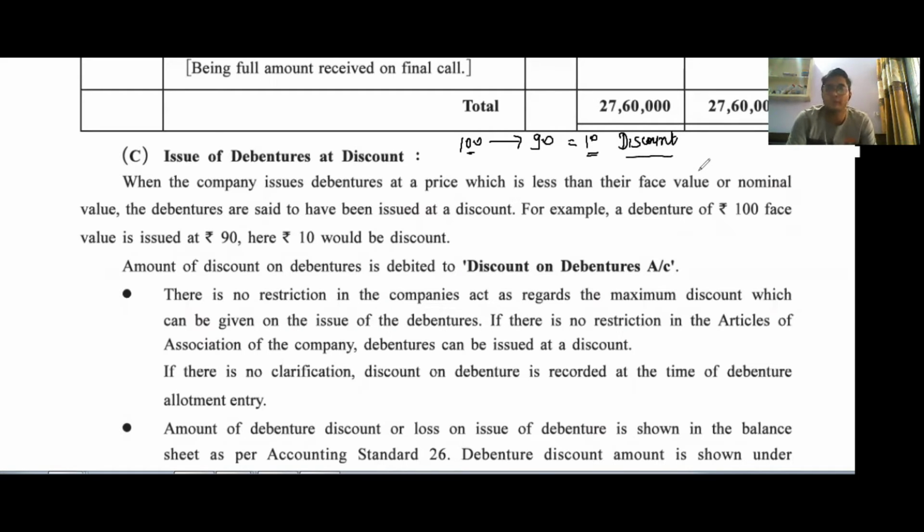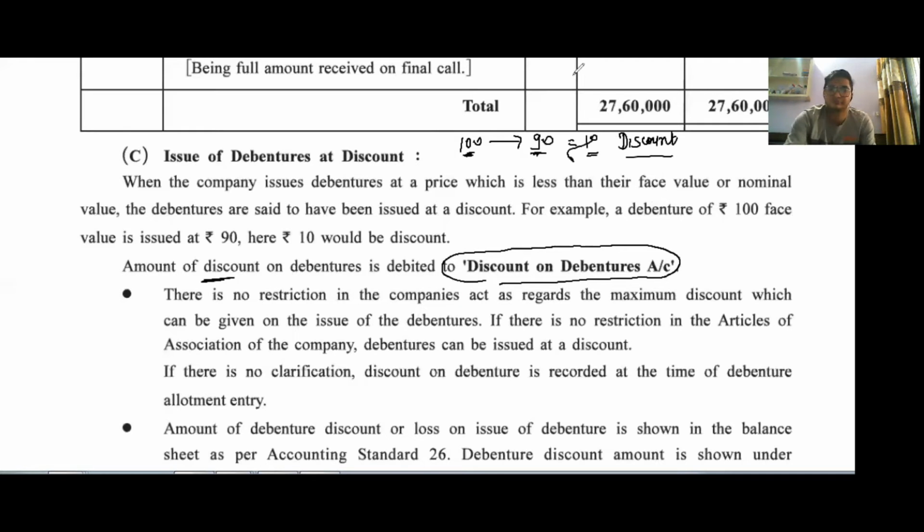Because whenever the market reputation of the company is very low, to attract the customers, to attract the holders, the company provides a discount, like 100 rupees value of debentures for which the company is charging 90 rupees. So here 10 rupees is discount, and as per Companies Act 2013, the discount is debited to discount on debenture account.